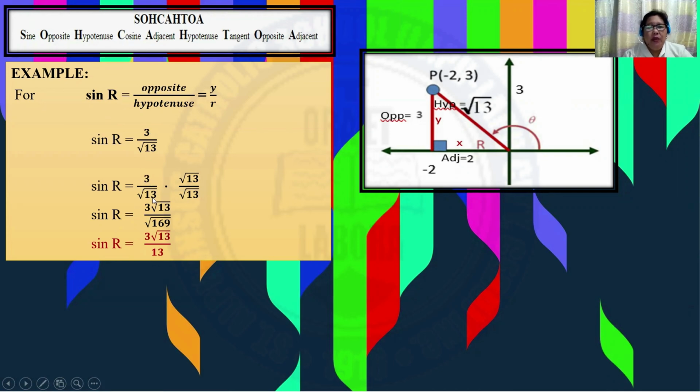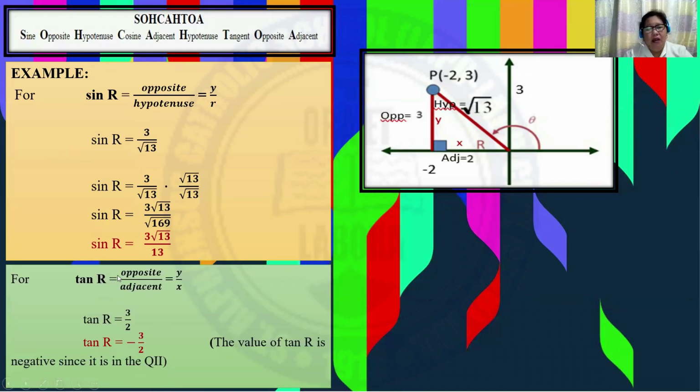We have to rationalize the denominator, multiplying by square root of 13 over square root of 13. This is equivalent to 3 square root of 13 over the square root of 169, which is 3 square root of 13 over 13. That is why the value of sine R is equal to 3 square root of 13 over 13.